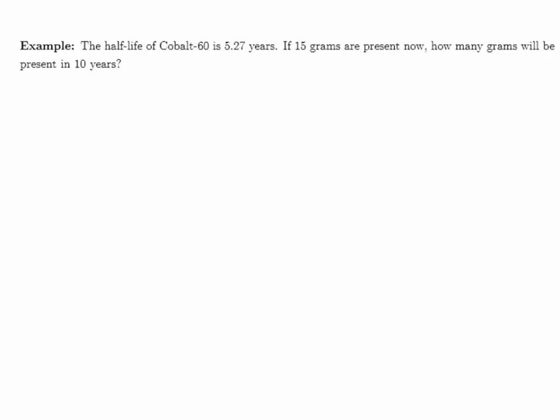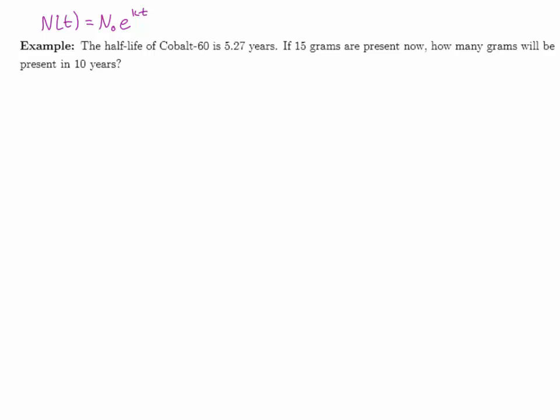Our general formula for radioactive decay is that we have an output, N of t, and it will equal N naught, the naught being when t equals 0, so the original amount, times e raised to the kt. So N naught would be that original amount, and then k is going to be that rate.